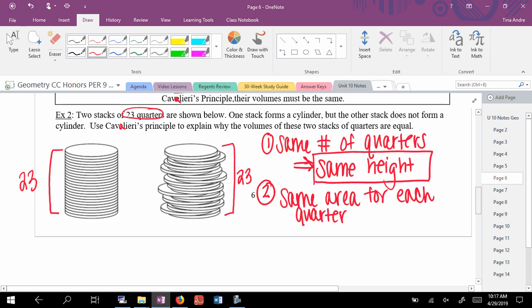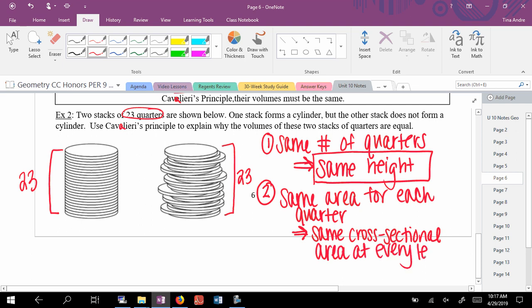So this implies that we have the same cross-sectional area at every level. So this is the second part to Cavalieri's.